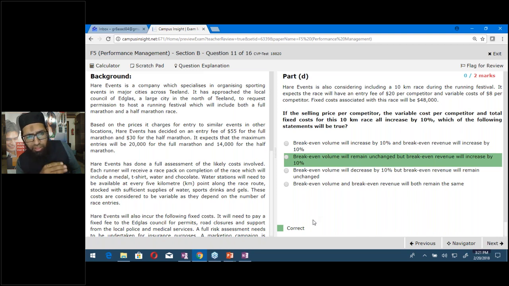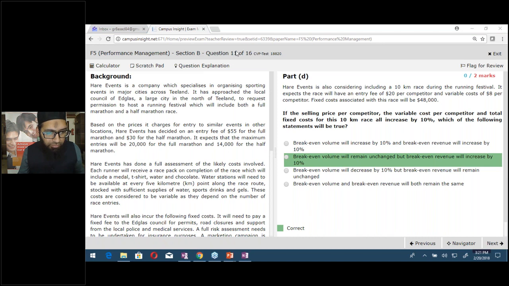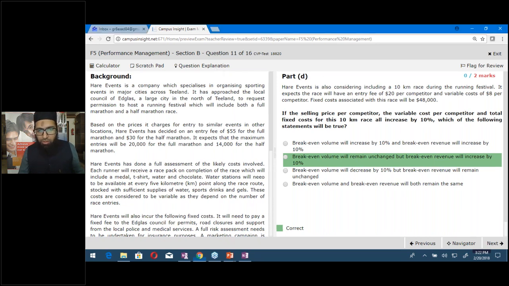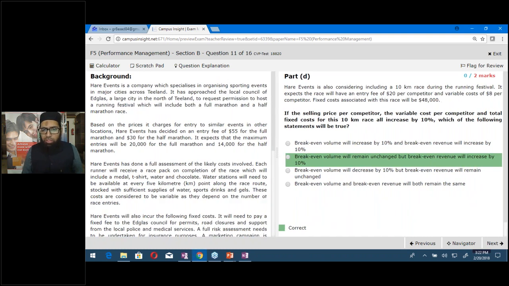This is an independent question, and in that you will be required to calculate the break-even point. Let's do this question as well. We have been told that there is another race, on 10 kilometers.